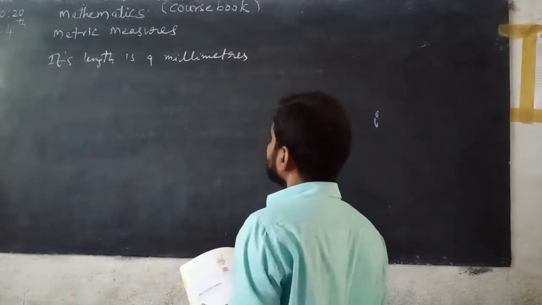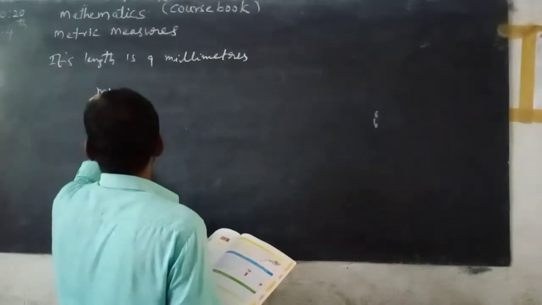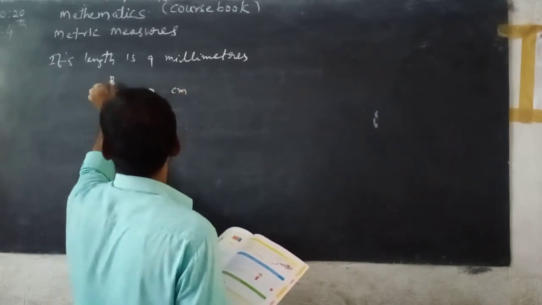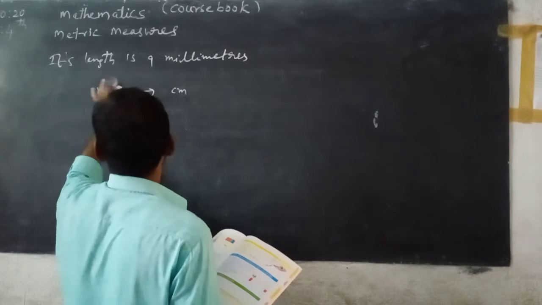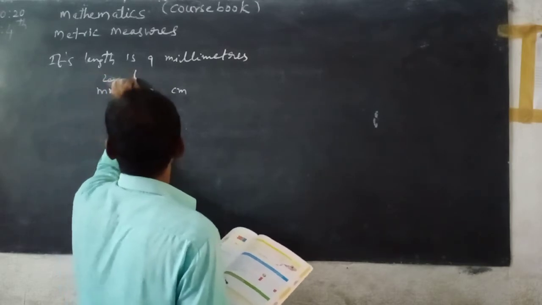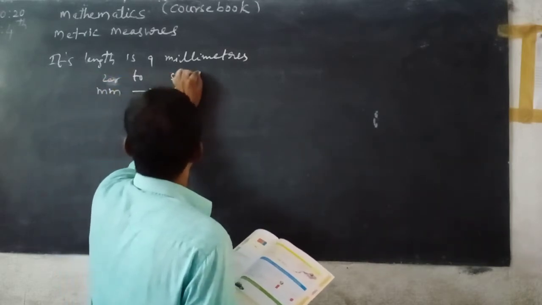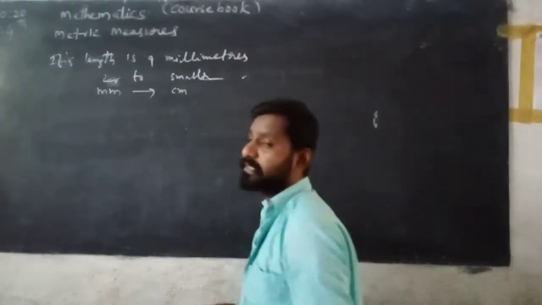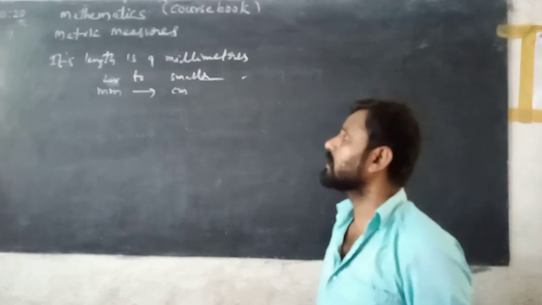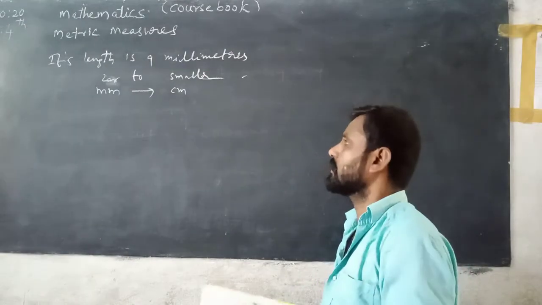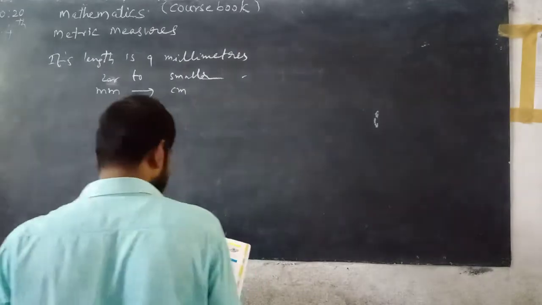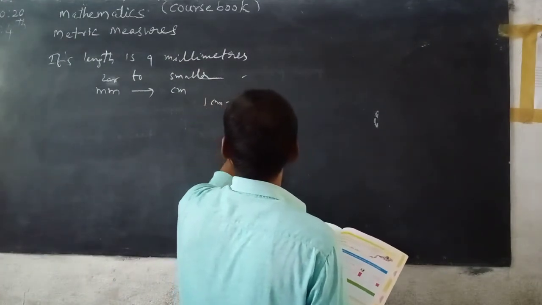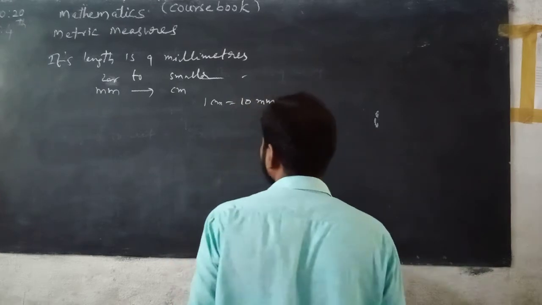So here, millimeter into centimeter means larger to smaller units, you have to divide by 10. Why? Because 1 centimeter is equal to 10 millimeters.